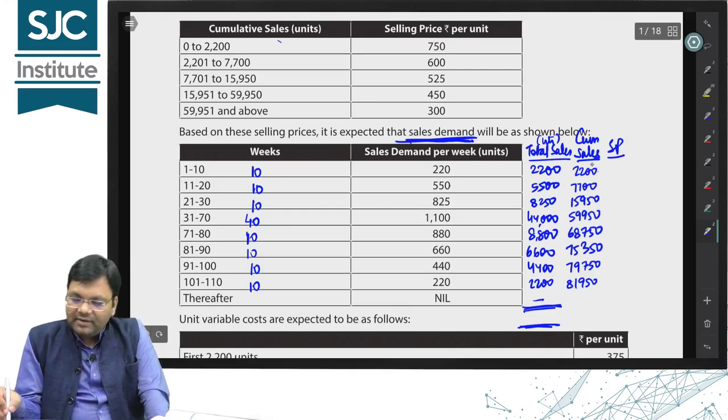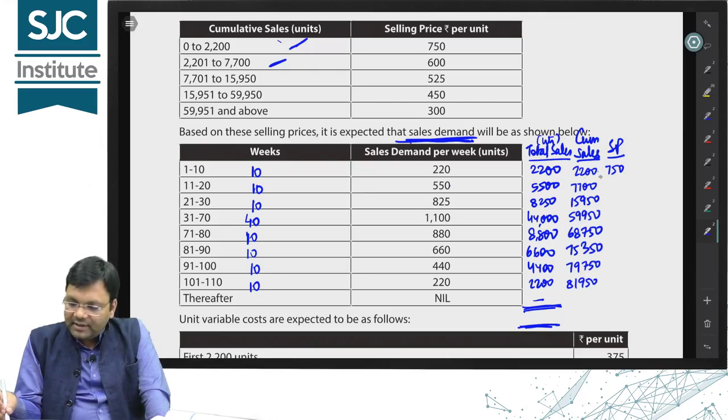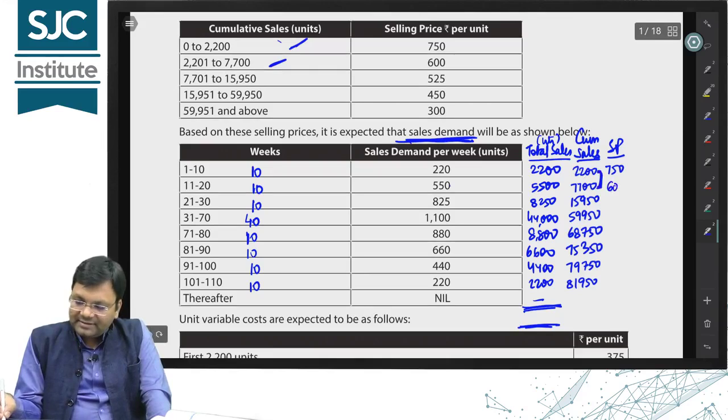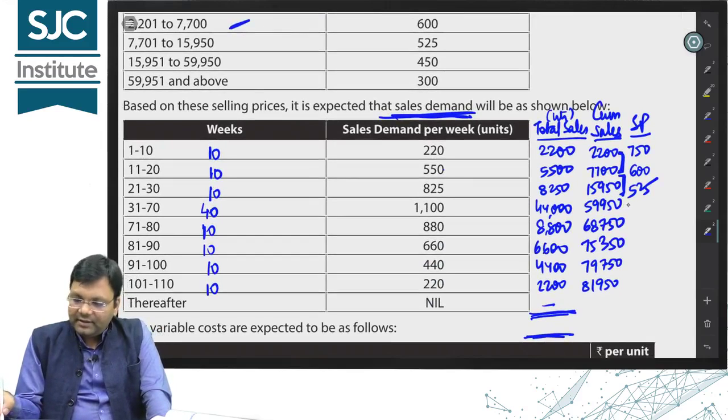So until 2200, now follow this table. Price is 750. For 2201 to 7700, that means from 2201 to 7700, this is the range. Price here is 600. From 7701 to 15950, price here is 525. Now next 15951 to 59950, the price here is 450.